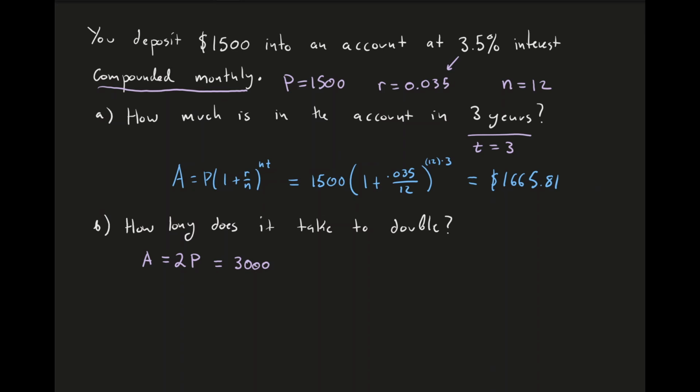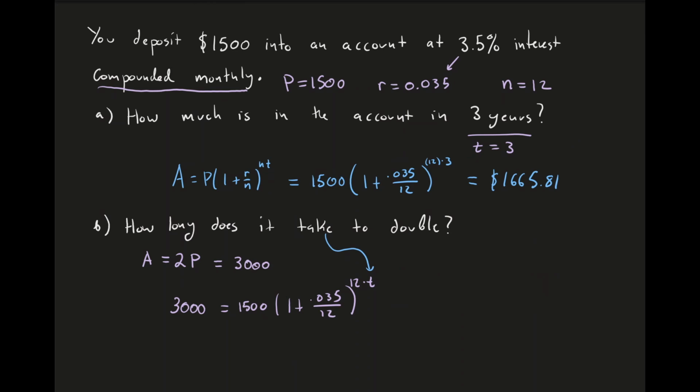So we get 3,000 is equal to 1,500 times (1 plus 0.035 divided by 12) to the 12 times t. And this t is what we want to find. How long does it take? This gets a little bit annoying.